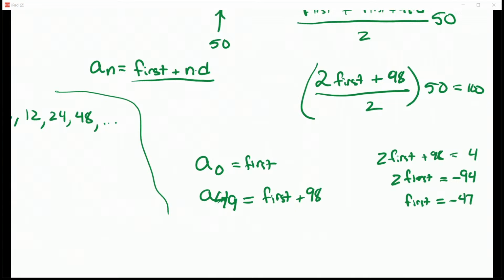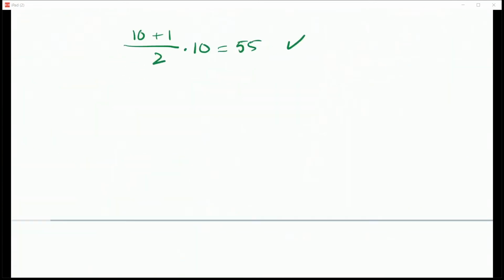But yeah. Can you explain how you got a sub 49 equals first plus 98? Yeah. So let's do a sub 0 is whatever it is, and then a sub 1 is a sub 0 plus 2. So whatever a sub 0 is, you add 2.